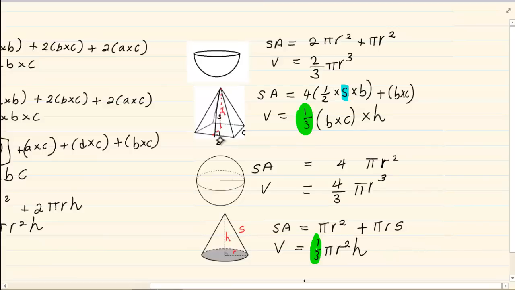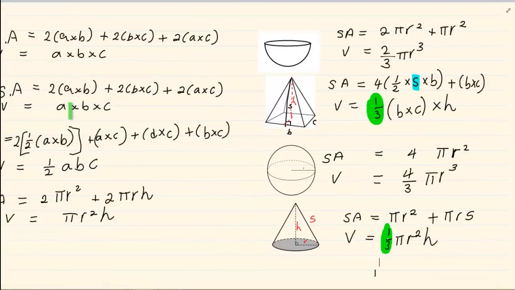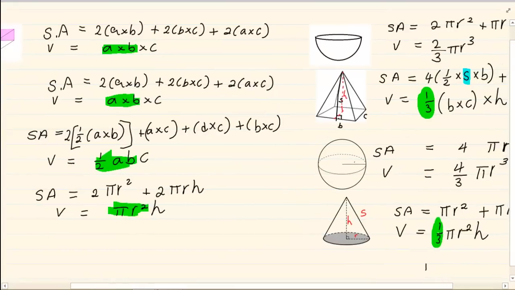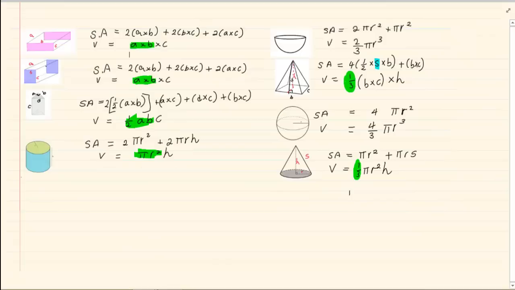So it is still your base times your perpendicular height, like the others have been, isn't it? It was always length times breadth times height. The base times the perpendicular height. It's repeated. It is always the same formula.